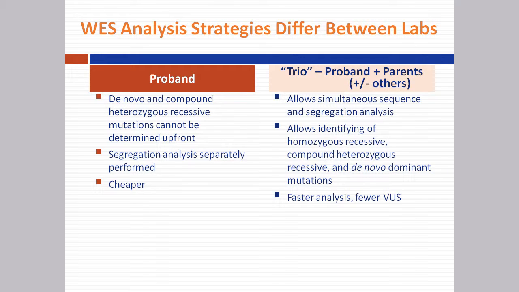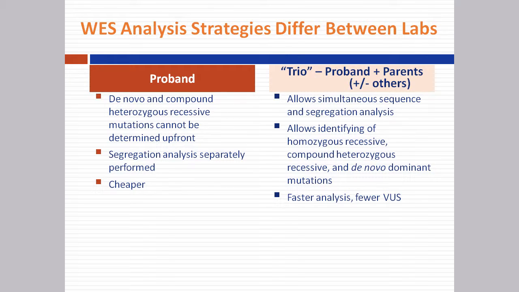Trio analysis tends to be the most efficient way of using your money for exome sequencing because those types of mutations can be identified and de novo changes comprise a large percentage of the positive findings. It also makes analysis faster and you have fewer variants that you cannot interpret because you can use segregation analysis in your family.